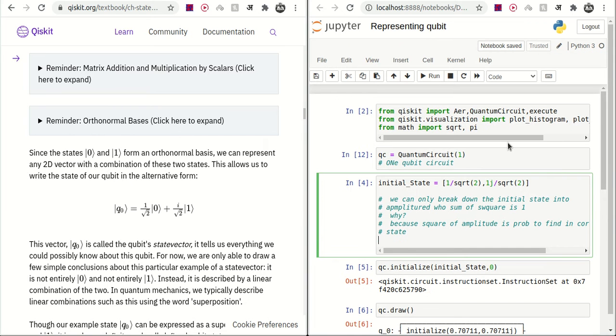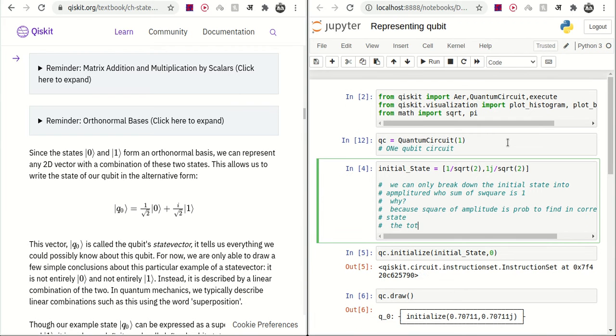So the total sum will always be equal to 1. So here we can see 1 by square root, and this is 1j. So what is 1j?